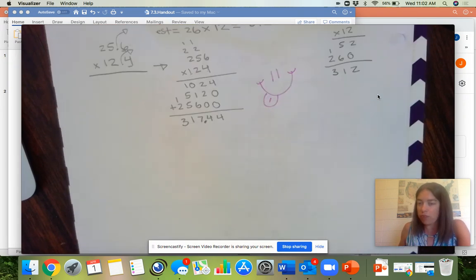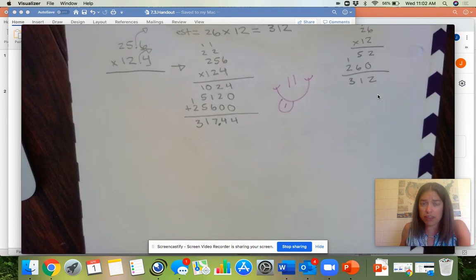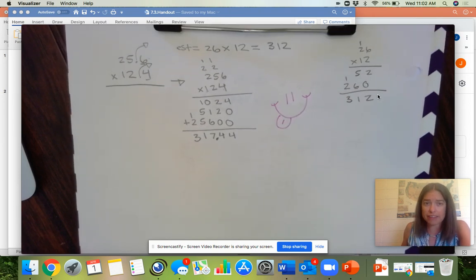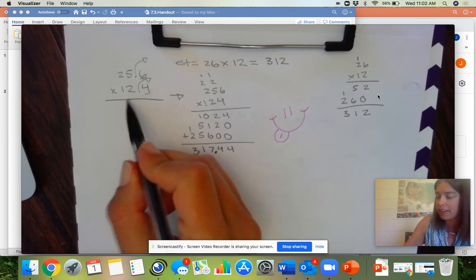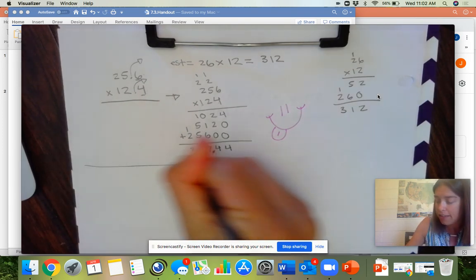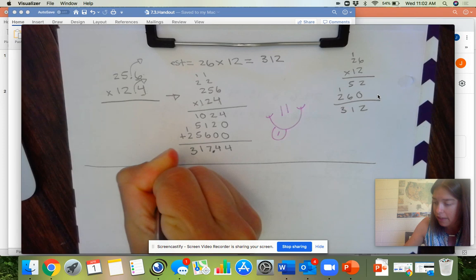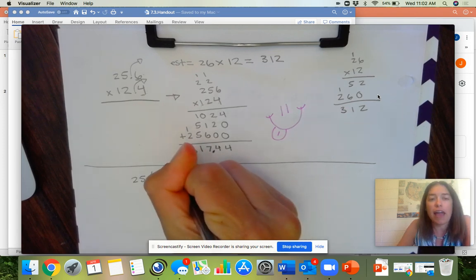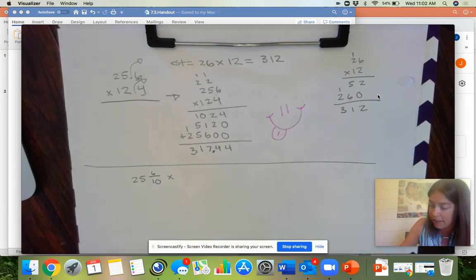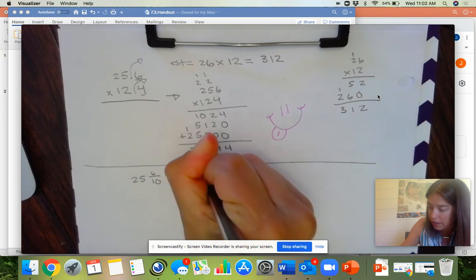So let's rewrite it using fractions instead of 25 and 6/10 as a decimal. Go ahead and write it as a fraction. And instead of 12 and 4/10 as a decimal, go ahead and write it as a fraction.